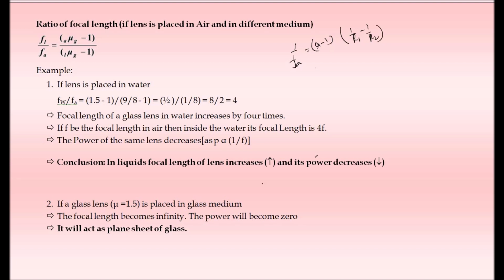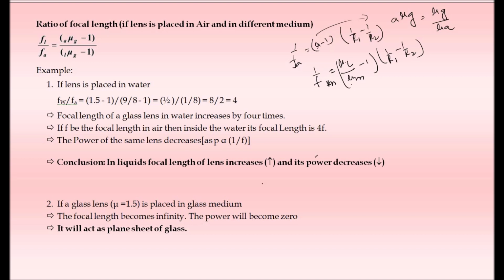And if the same lens is placed in any other medium, then 1 by fm is equal to (mu L divided by mu medium minus 1) into (1 by r1 minus 1 by r2).